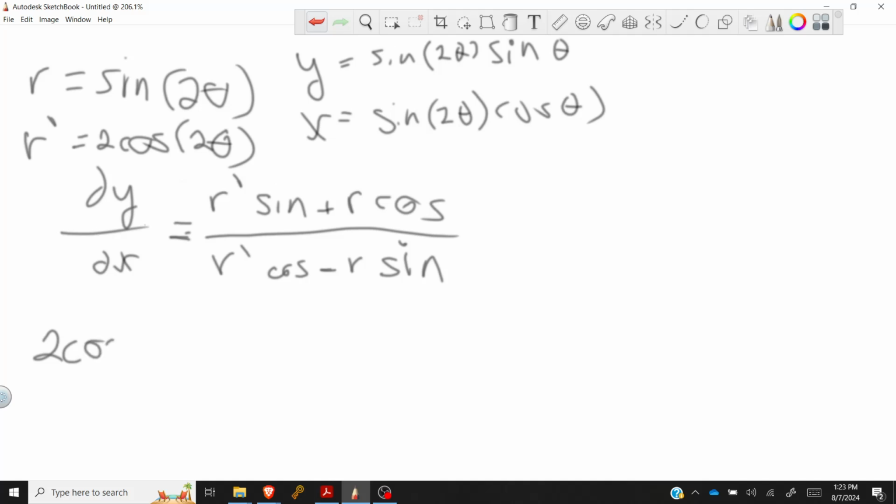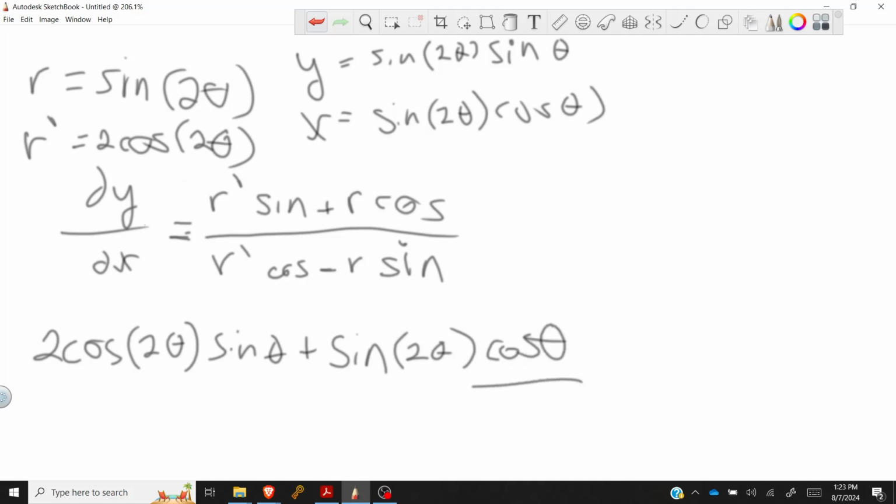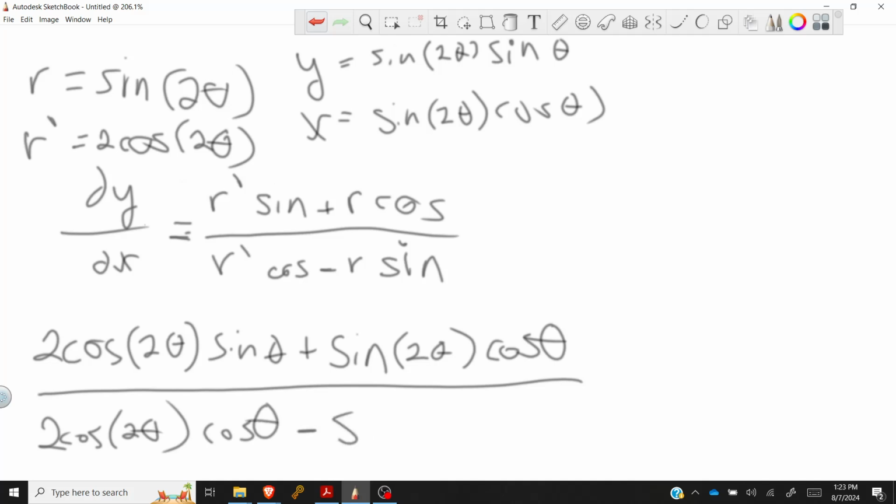We have 2 cosine 2 theta, that's our r prime, times sine theta, plus sine 2 theta cosine theta, all over 2 cosine 2 theta, that's our r prime, cosine theta, minus sine 2 theta sine theta.